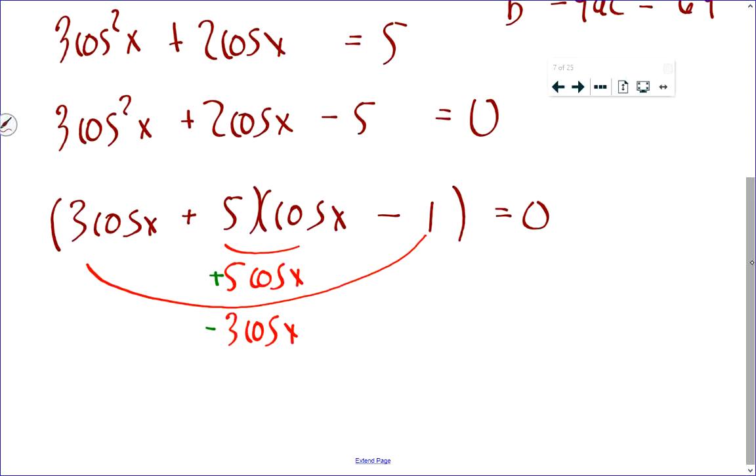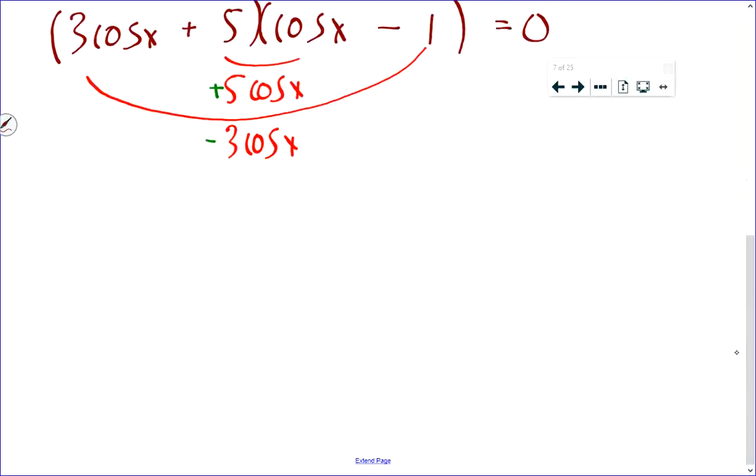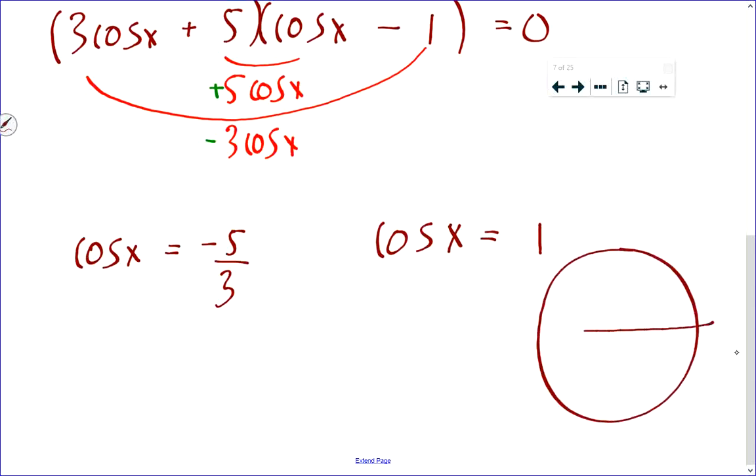Sometimes the solution is kind of a letdown because the first factor is going to be cos x equals negative 5/3. The first factor will lead you to that conclusion. The second factor leads us to this conclusion, and cosine of x is equal to 1 here.